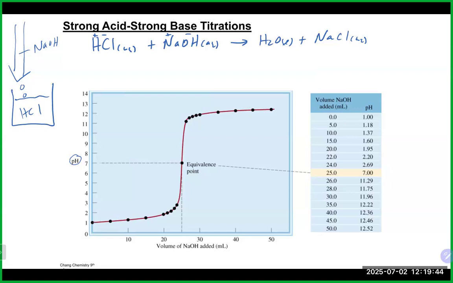When we look at a titration curve like this, there are really four parts to it. The first part, step one here, is before you start the titration, so what the pH is before you even add any sodium hydroxide. The second part is all the way from the first drop to right before the equivalence point. So obviously you've started the titration at that point.